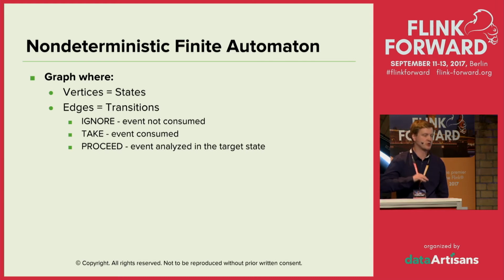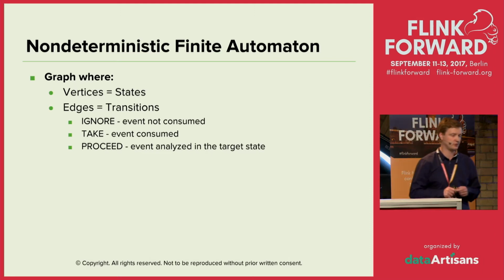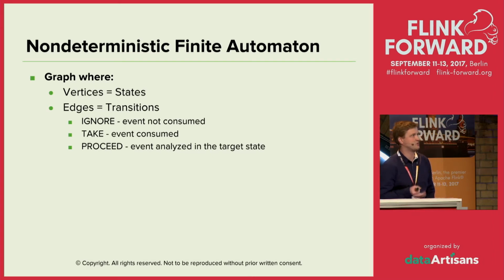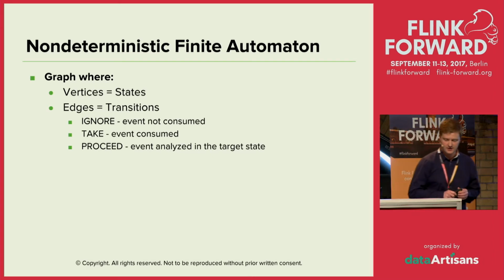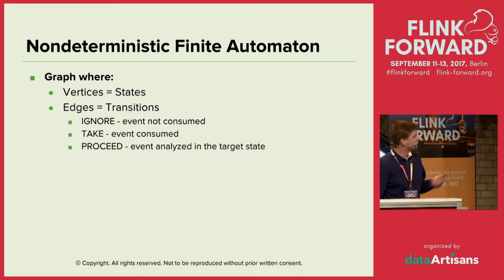And each transition consists of a condition that an event should meet in order to trigger that transition, and a type which specifies how we proceed with that event. There are three types of transitions: ignore, take, and proceed.